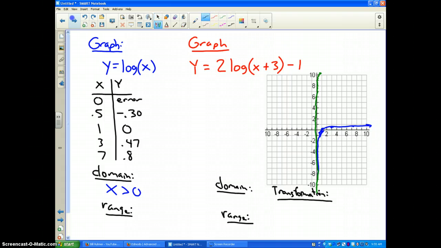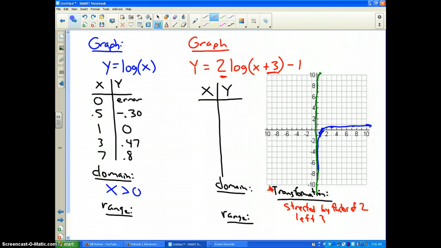Now, let's graph the transformation graph, which is right here: 2 log of x plus 3 minus 1. Well, let's go all the way down here where it says transformations to begin with. First of all, what's going to happen? Well, it's going to be stretched by a factor of 2. It's going to move left 3, and it's going to move down 1.